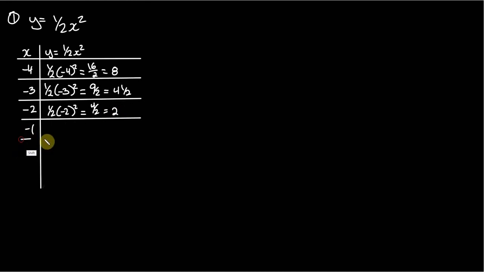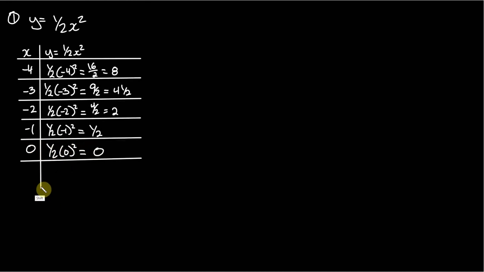When x equals -1, y equals 1/2 times -1 squared. -1 squared is just 1, times 1/2 is 1/2. And now we're at the origin, so when x equals 0, y equals 1/2 times 0 squared, which is just going to leave us with 0. So we've got a point on the origin in this graph, which is interesting.